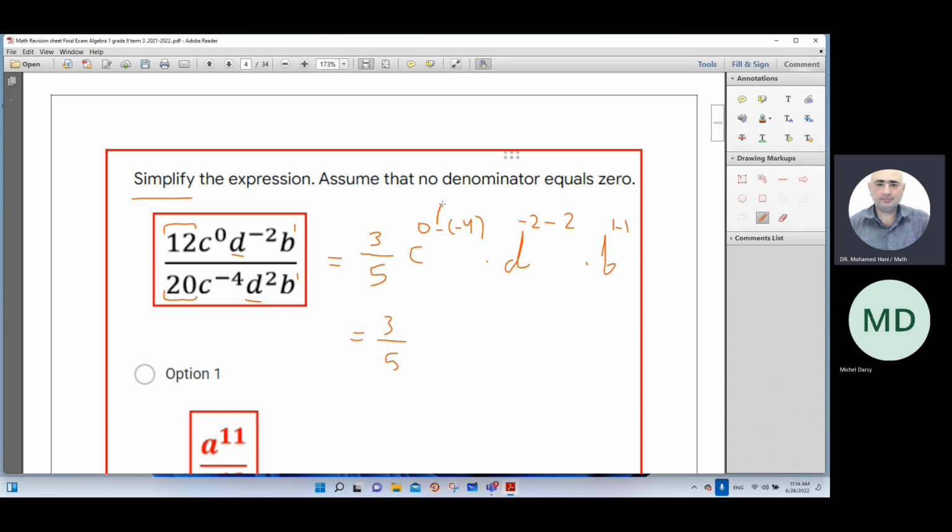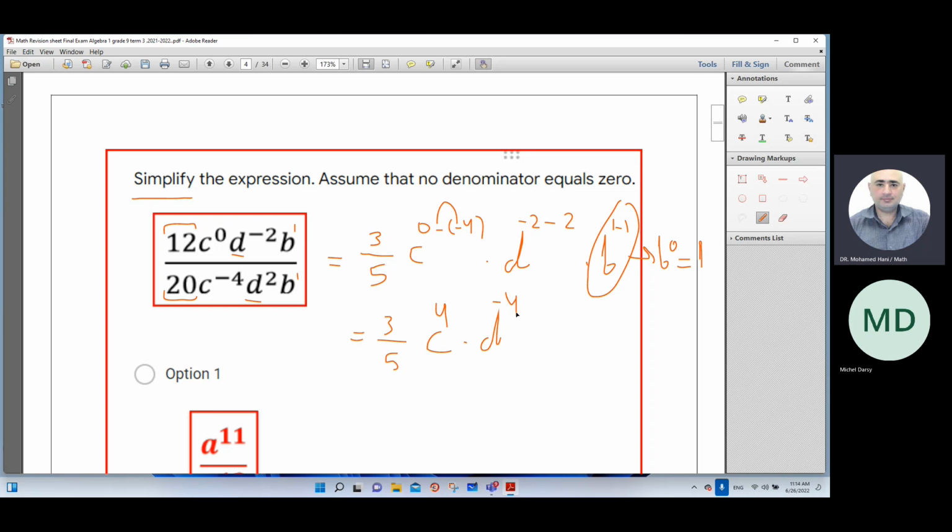Then here, minus minus will be positive, means 0 plus 4 will be 4, so c to the power 4. Now minus 2 minus 2 will be minus 4, so times d to the power minus 4. Then here 1 minus 1 will be 0. b to the power 0 will be 1.